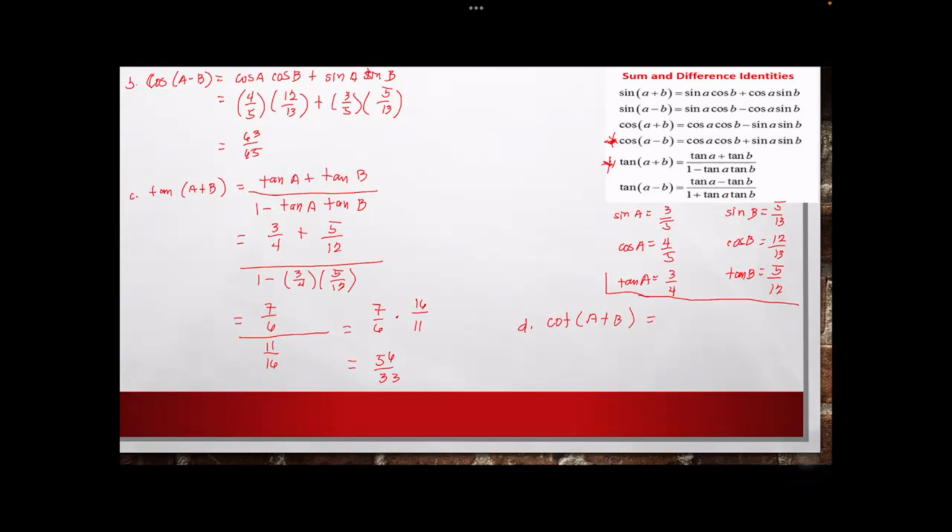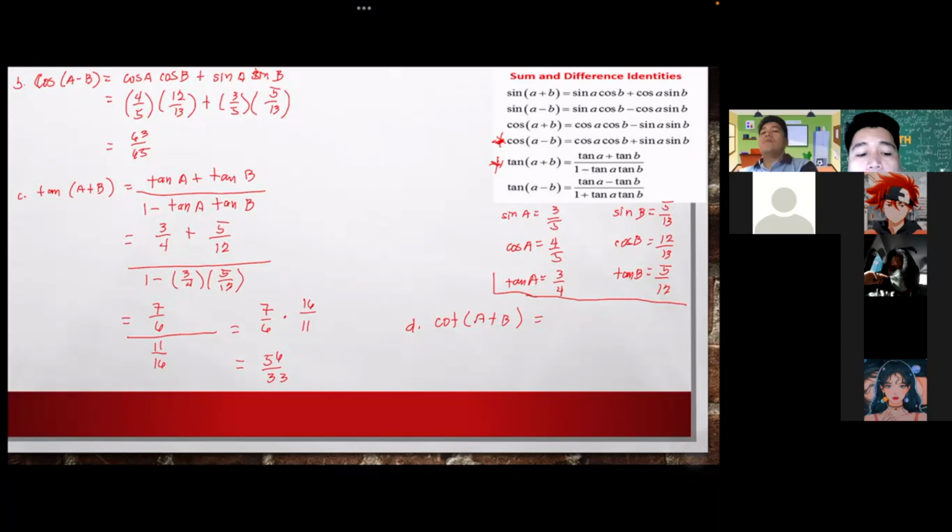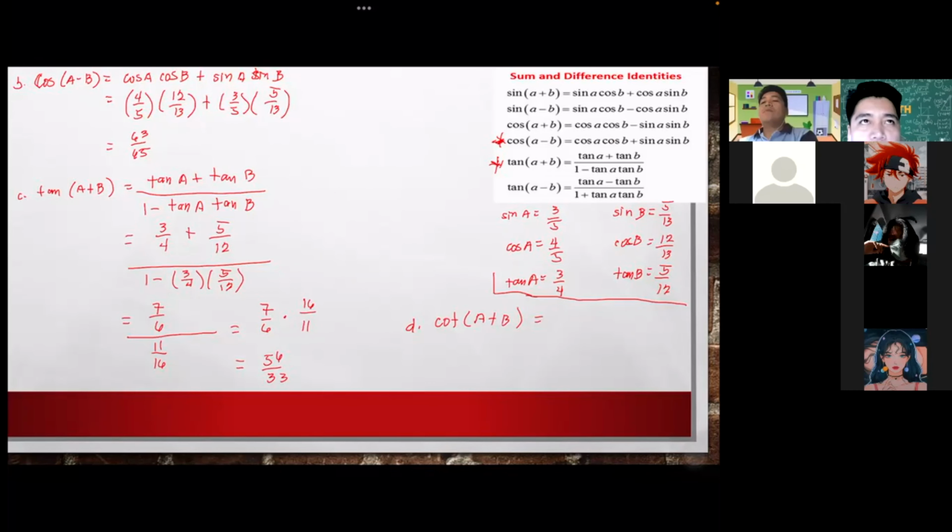Ano ang reciprocal ng cotangent? 1 over tangent po. So, the cotangent is equal to 1 over tangent. 1 over tangent or the reciprocal of the tangent is 1 over cotangent.